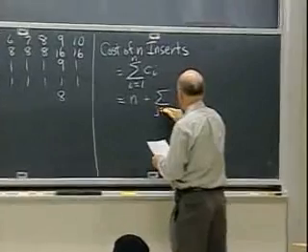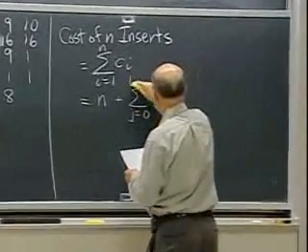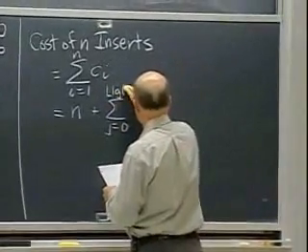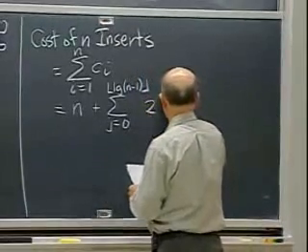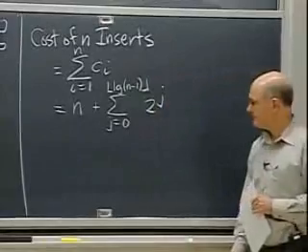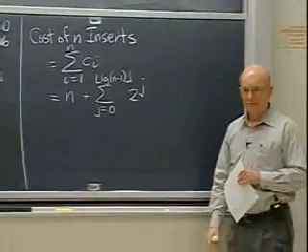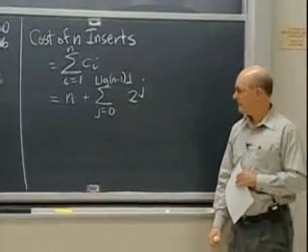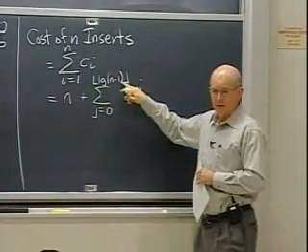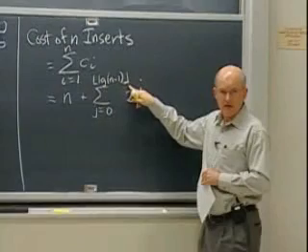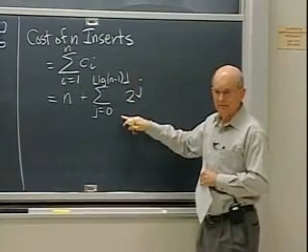So if I do my algebra properly, that's up to the floor of log n minus 1 of 2 to the j. So I'm just adding up all the powers of 2 that aren't going to exceed my n.